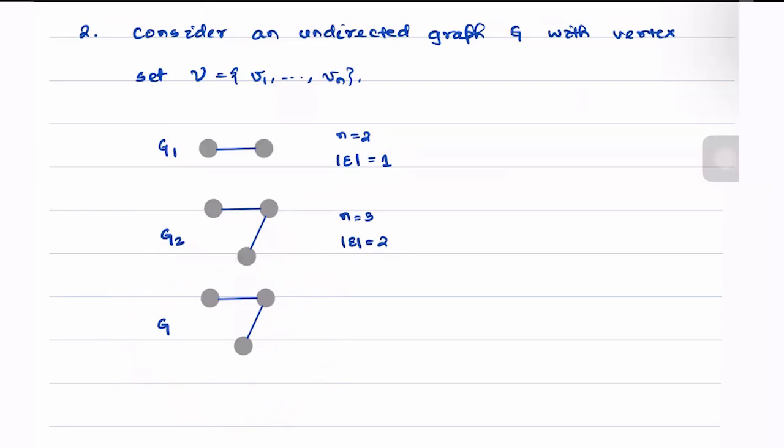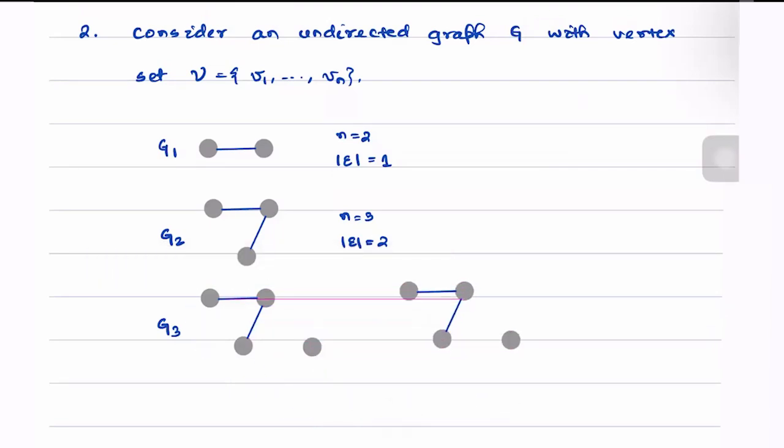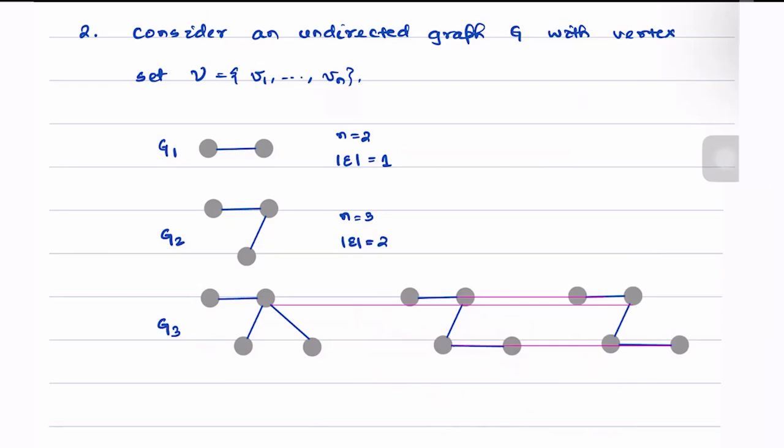Similarly, let us add one more vertex to the network. Again, how many edges do we need to add so that the graph remains connected? The answer to that question is simply 1. Now that one edge, I can add here, or I can add here, or we can have many other formulations as well.